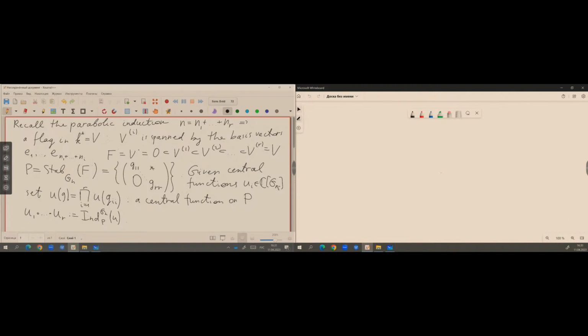Now we shall write a formula for this function in terms of the structure constants of the Hall algebra, as promised a long time ago. In fact, we did this for the functions unipotently supported, but now we will allow arbitrary eigenvalues.